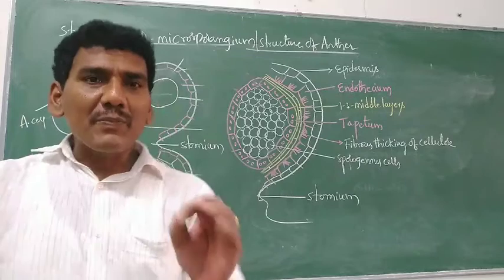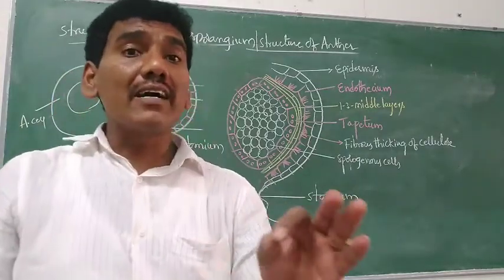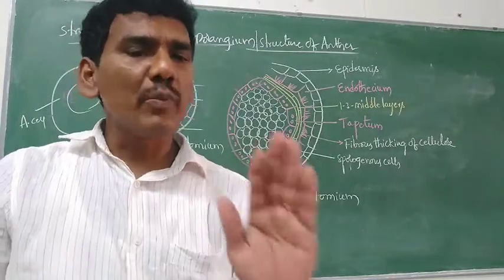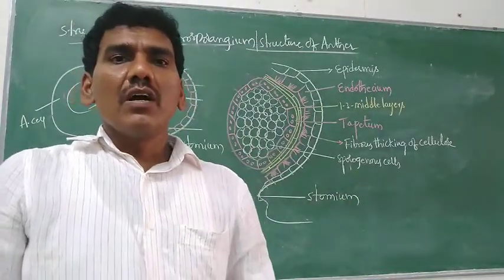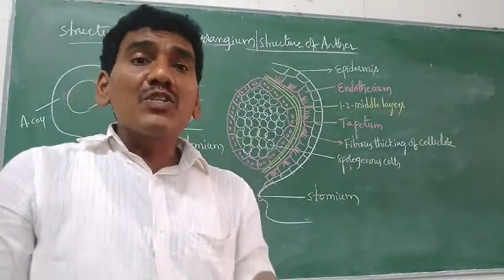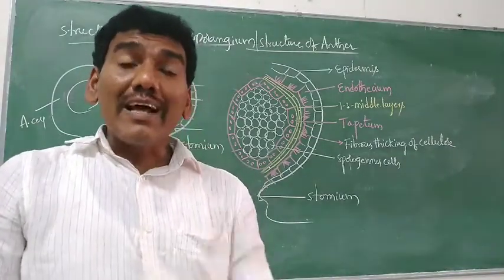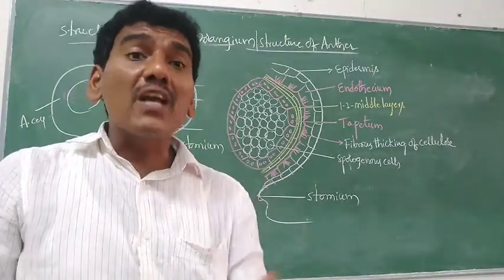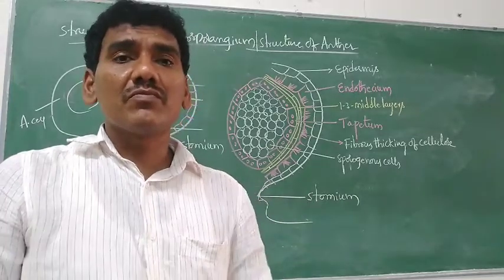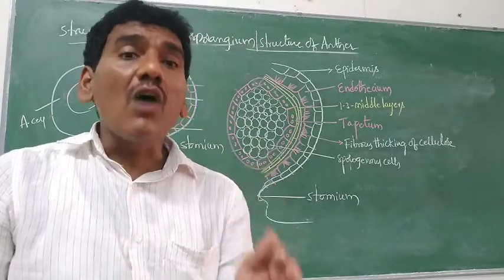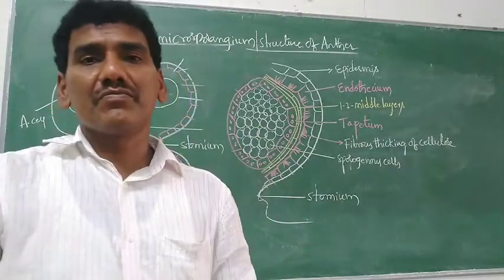Now I will explain the structure of the anther. This is exactly NCERT textbook matter. A typical angiosperm anther, or the transverse section of a typical microsporangium, appears as a nearly circular outgrowth-like structure.